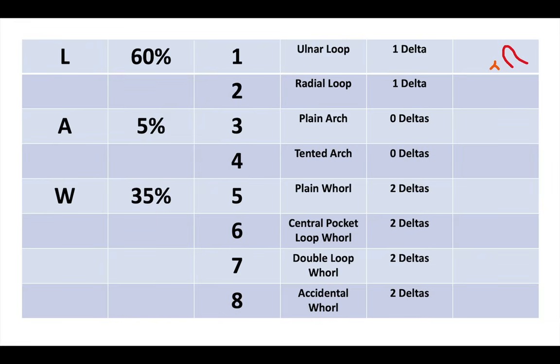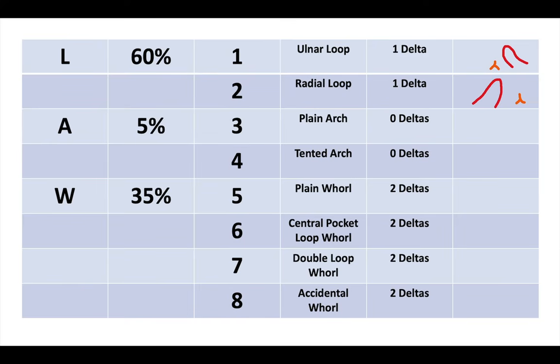That's why it's going the other way now, because it's not looking up into a microscope. So they're going towards the ulnar bone, the ulna, which makes it an ulnar loop. If it's going this way, it's going to the thumb side. If this is the right hand thumb side, that makes it a radial loop.